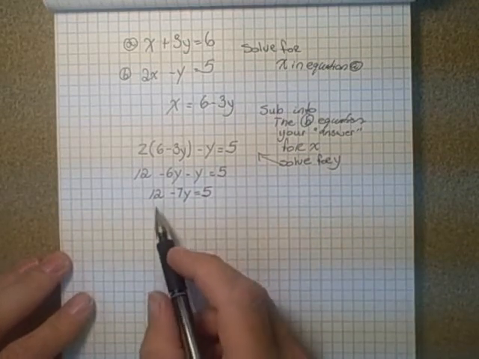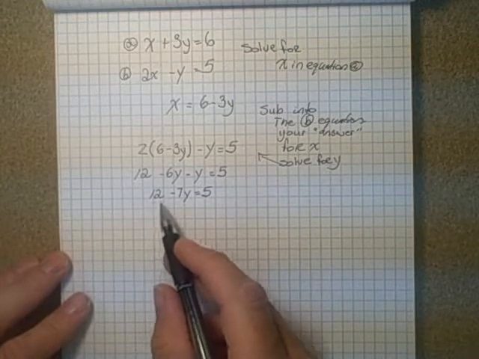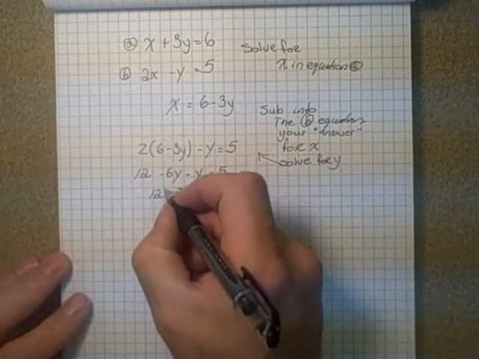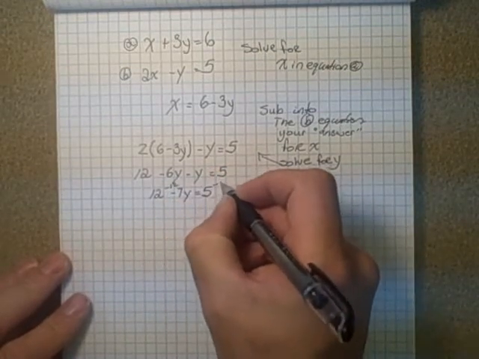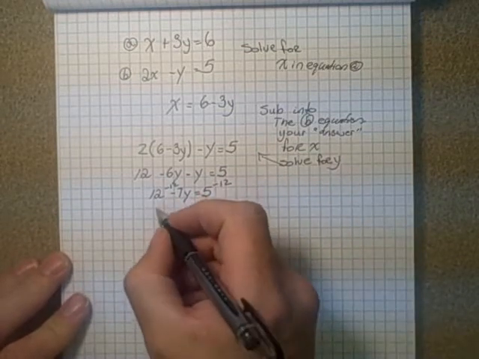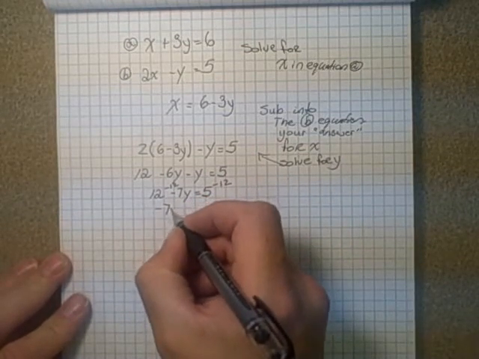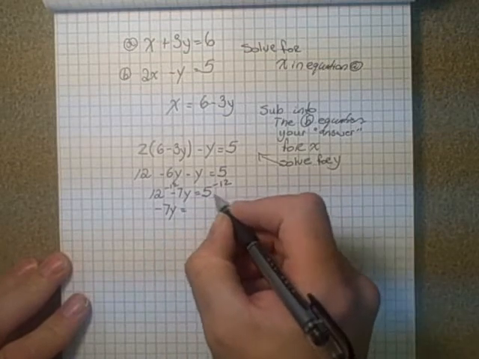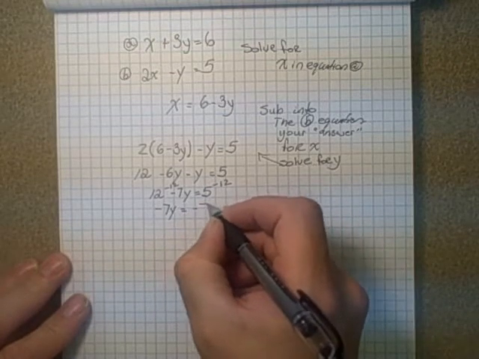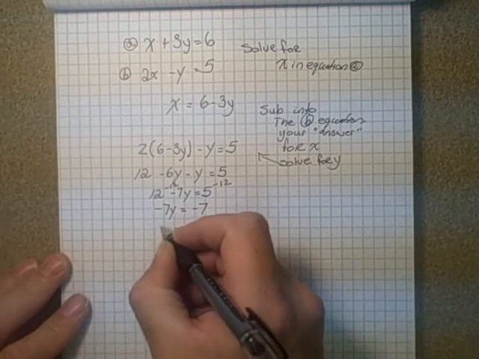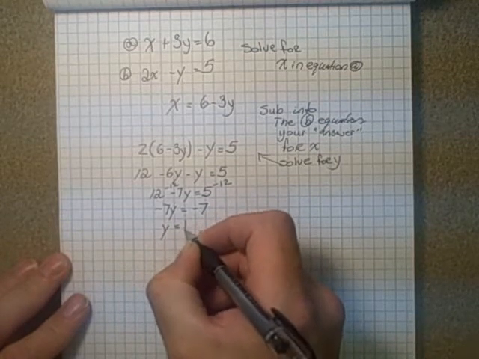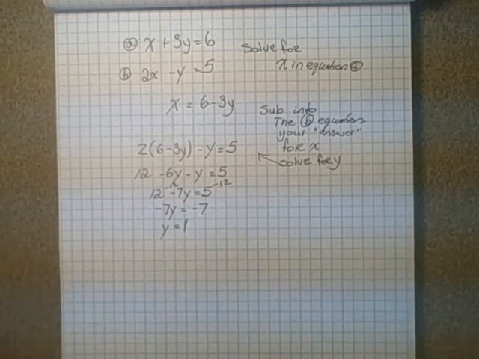And then I have to move the number from this side to this side. So I want to subtract 12 from both sides. So 12 subtract 12 is 0, so we get negative 7y is equal to 5 subtract 12 is negative 7. Divide by negative 7, y is equal to 1. So we solved for y there.